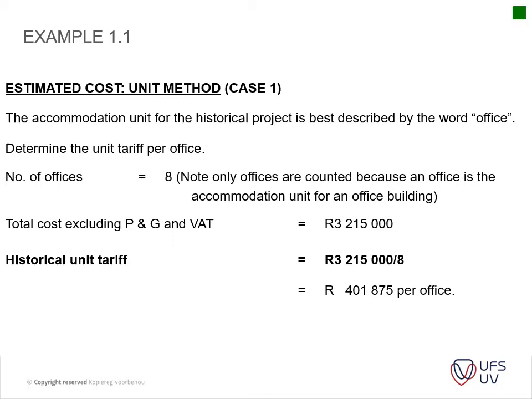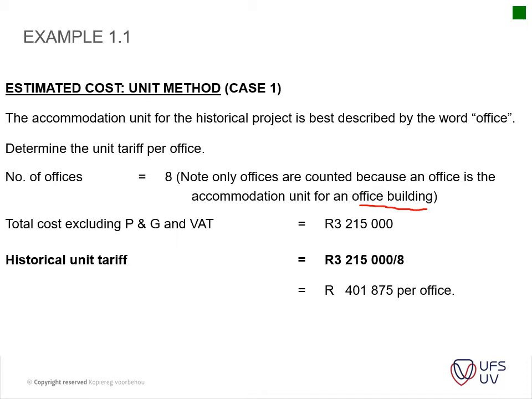The accommodation unit for the historical building is best described as an office. To determine a unit tariff per office, we count how many offices there are. So 8 offices. Note, only offices are counted, because an office is the accommodation unit for an office building. Things like the tea rooms and the toilet facilities are excluded, so just mind that.